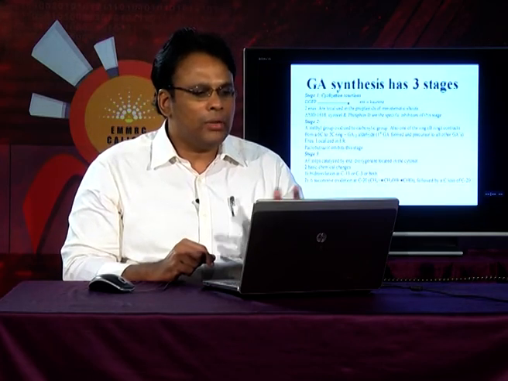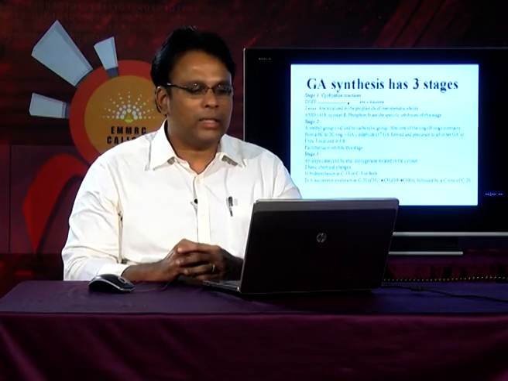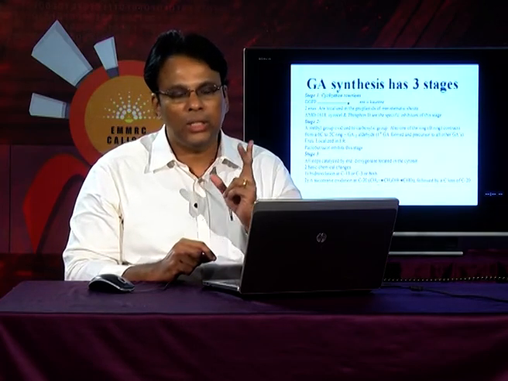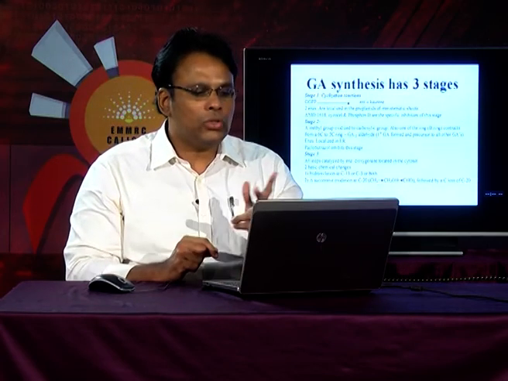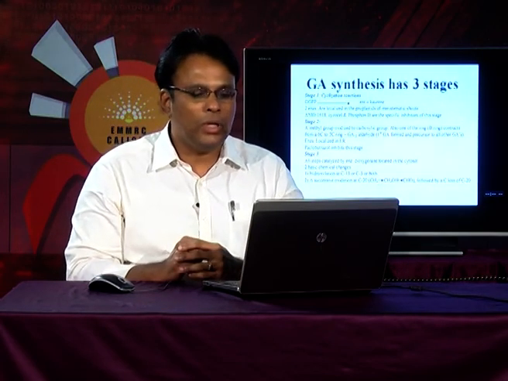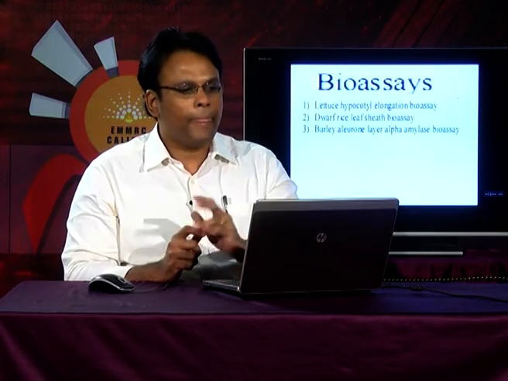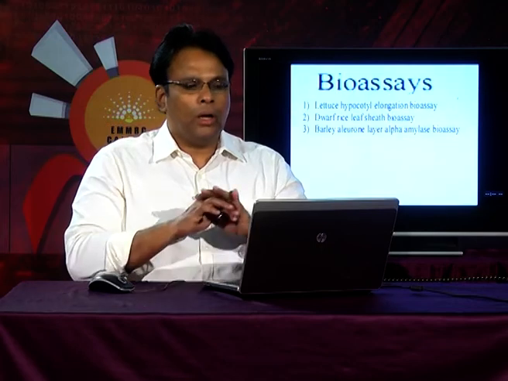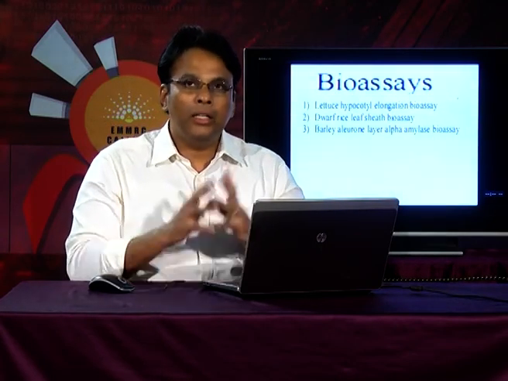And coming to the third stage, there are two reactions taking place, that is hydroxylation at C13 or C3 or both together, and also a successive oxidation at C20 and a carbon loss at C20. And once these three stages are complete, you get the active gibberellin.